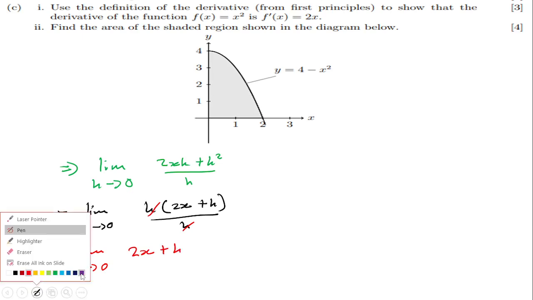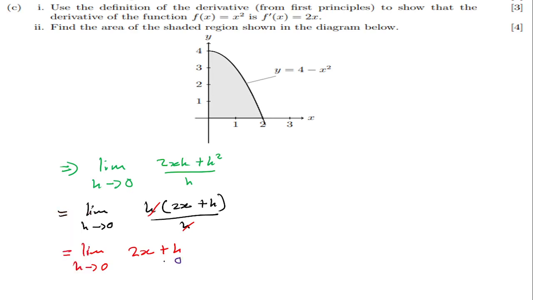Since h is approaching 0, you can put a 0 there. So therefore f'(x) is simply equal to 2x, which is the same as that one. Then you are done. So that's how easily you can work out that guy.